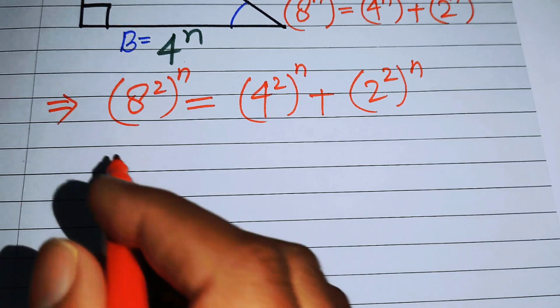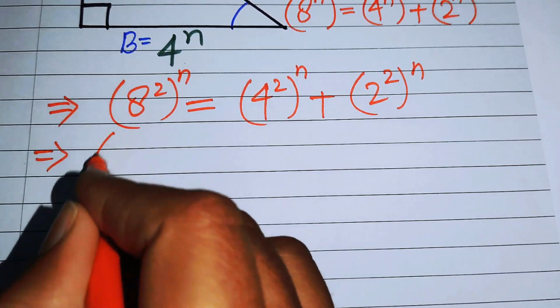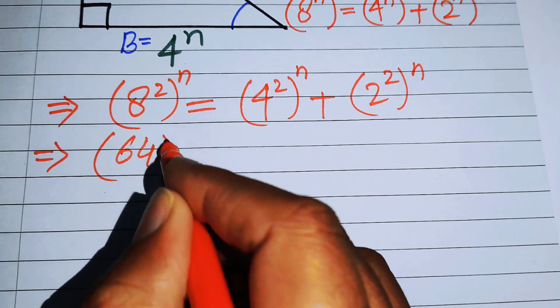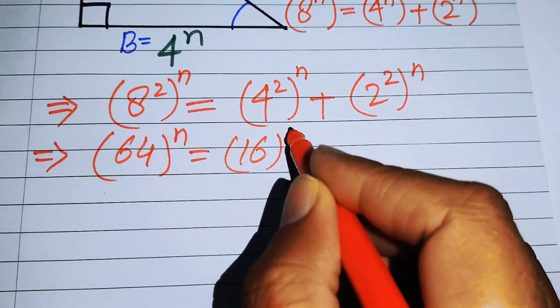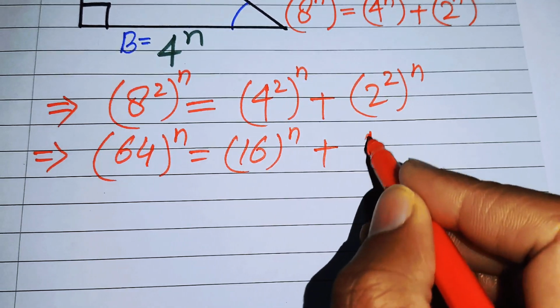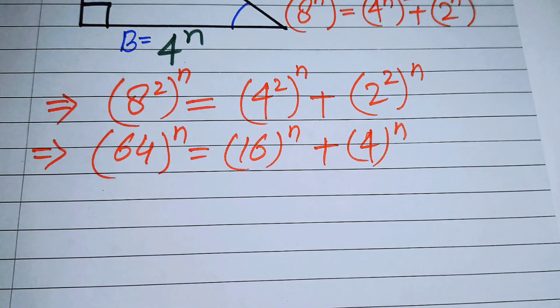Now first we expand these squares, and we obtain 64 to the power of n equals 16 to the power of n plus 4 to the power of n.